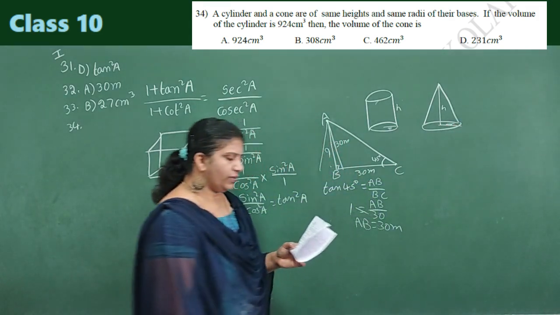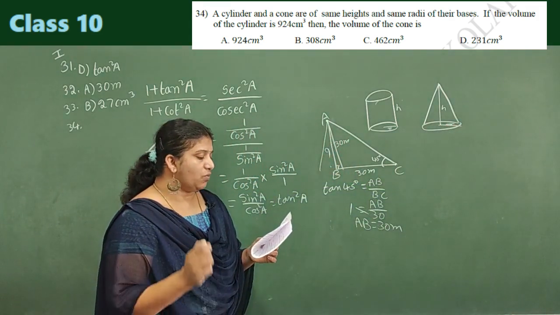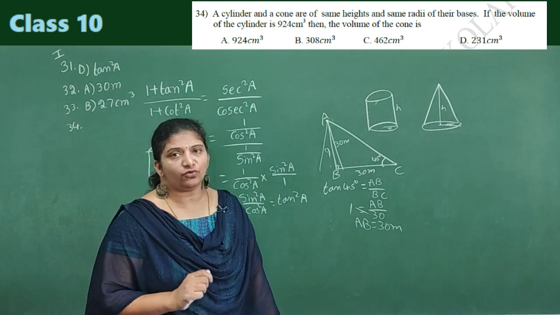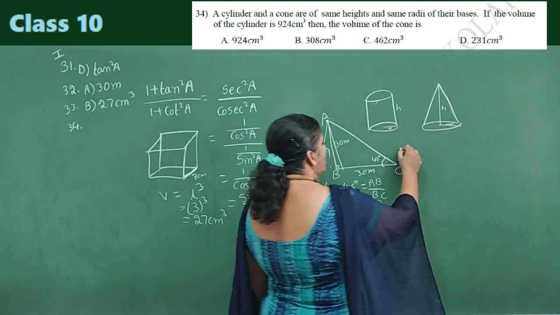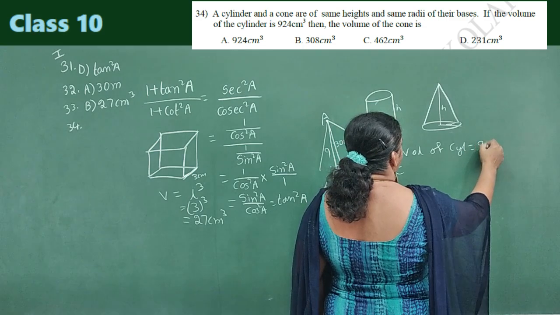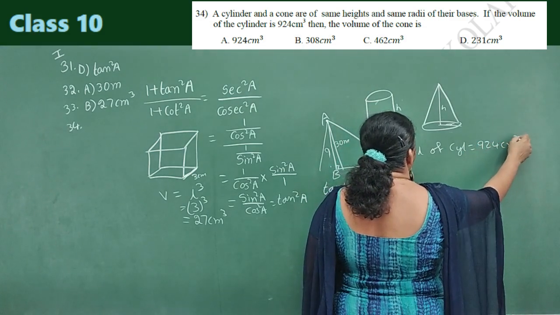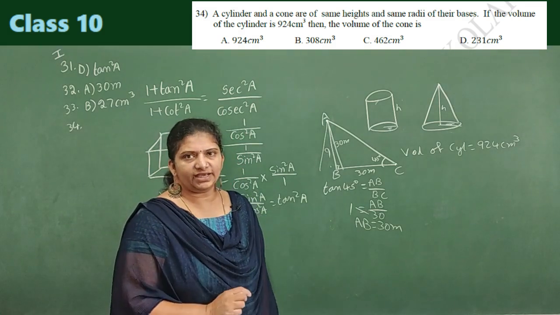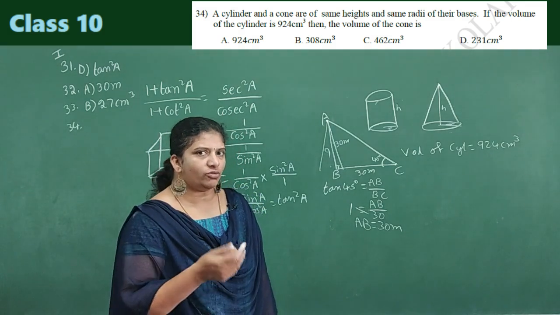Okay? If the volume of the cylinder is 924 centimeter cube. Volume of cylinder is equal to 924 centimeter cube. Then the volume of the cone is, we need to find the volume of a cone.